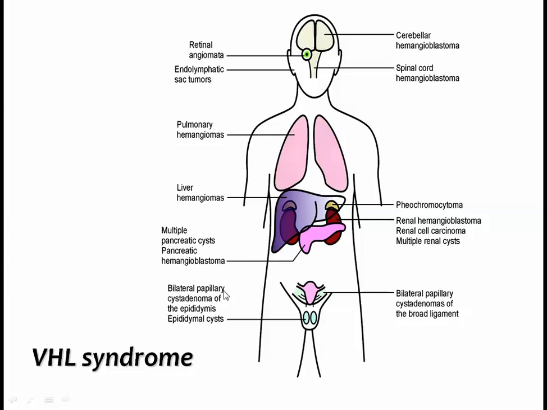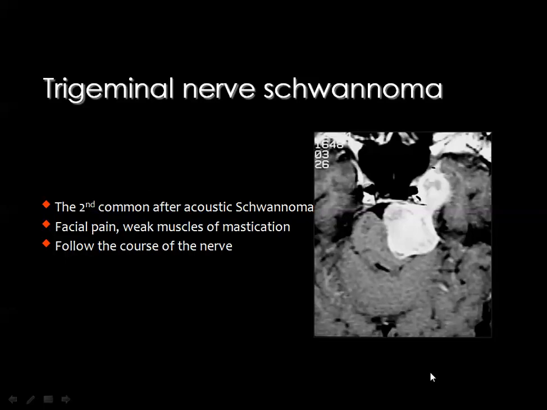And the final lesion in this group is the trigeminal schwannoma or neuroma, and this lesion occurs along the course of the trigeminal nerve. You know that the nerve comes out from the brainstem, goes into the cerebellopontine angle, then exits, goes through the skull base foramina, reaching the parasellar area, and its destination here in the Gasserian ganglion, which is located in Meckel's cave, which lies posterior to the cavernous sinus.